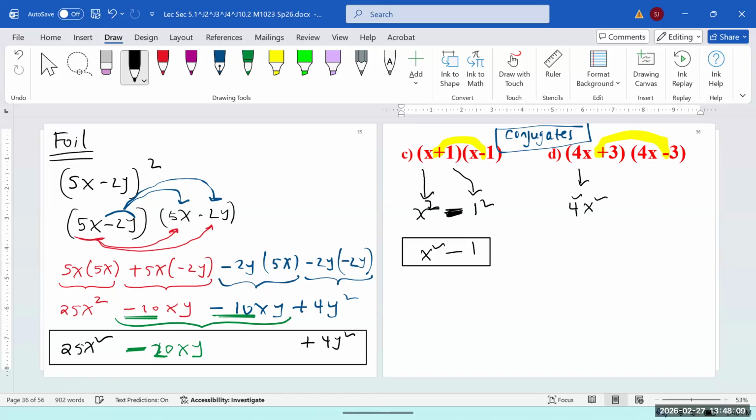So 4 squared x squared, and then always minus 3 squared. So from here we get 16x squared, and from here we get 9. See how simple this is? We don't need to do FOIL.